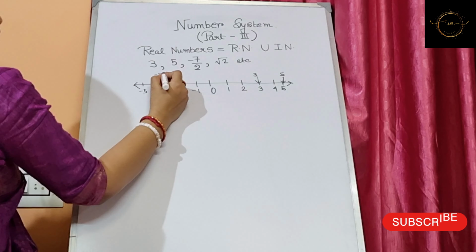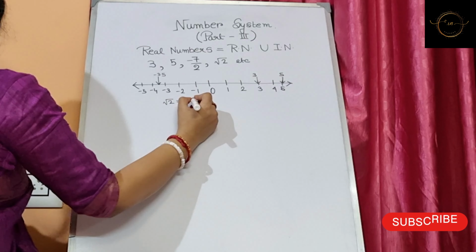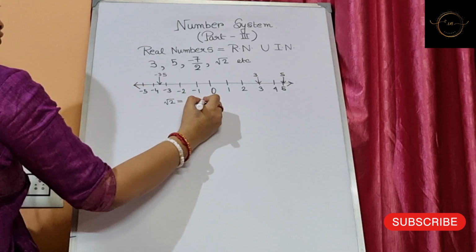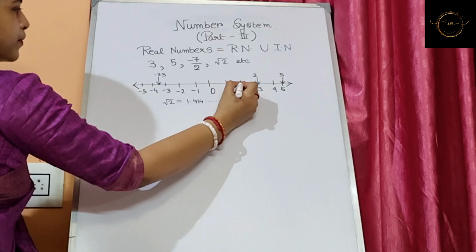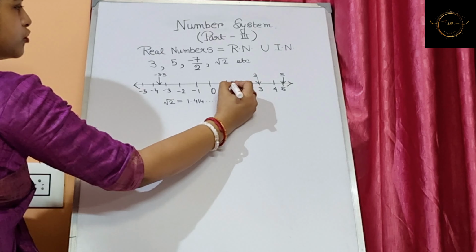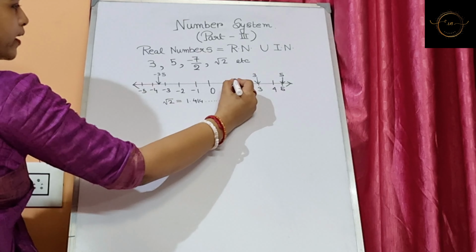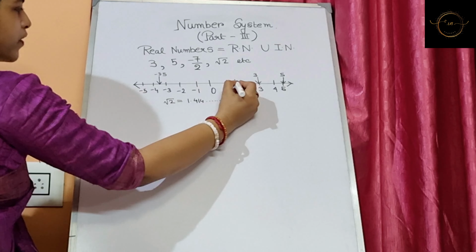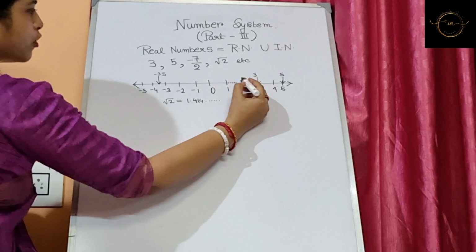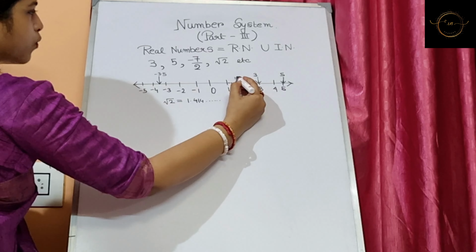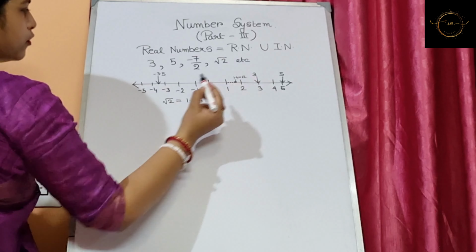And the √2 value, as we know, is 1.414. If I make divisions between 1 and 2, it will be 1.1, 1.2, 1.3, 1.4, so somewhere between 1.4 and 1.5 we have to plot the point, that is 1.41, which equals the √2 value.